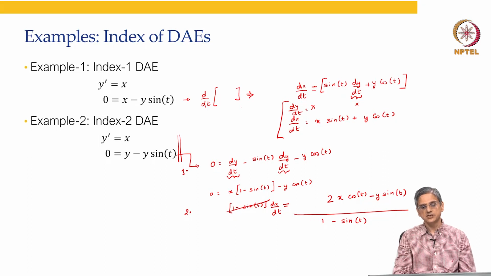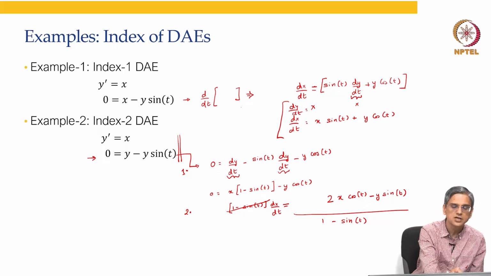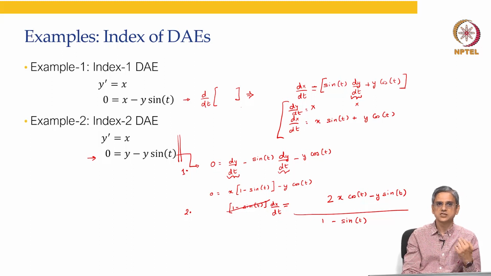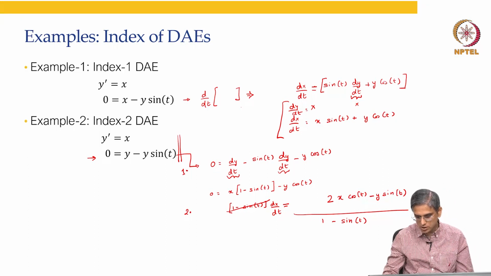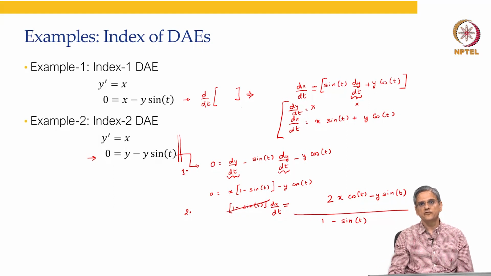And that is the reason why this example is an Index-2 DAE. Again, why is this example an Index-2 DAE? Because we took the algebraic equation and differentiated it twice in order to convert the DAE completely into ODEs. Okay. So, that is the definition of index.